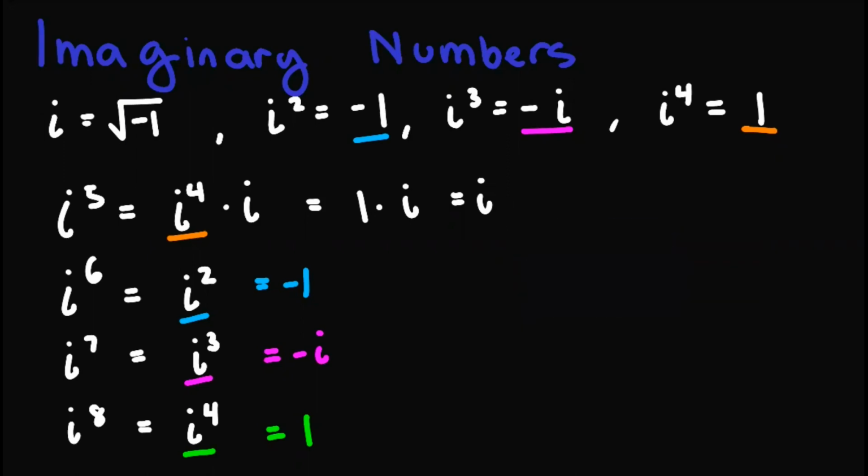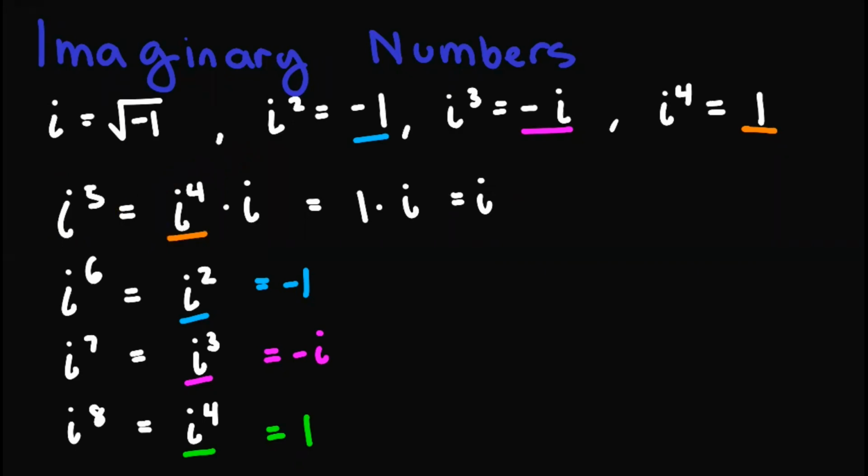So why does this happen? Well, observe that in these cases, like in this i raised to 5, we can actually factor out an i raised to 4 out here. And we know that i raised to 4 is simply 1.